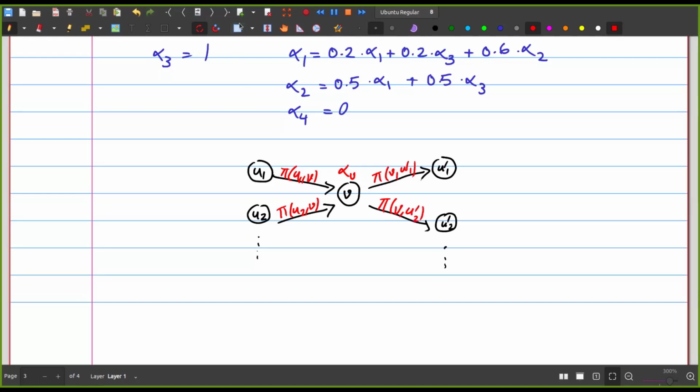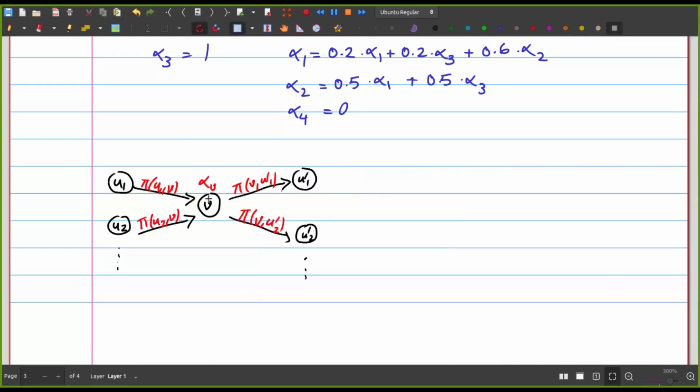Okay. So when I'm removing V, what am I doing? I'm saying that I have this alpha V and I have an equation for it, which is basically this probability times alpha of U prime 1, this probability times alpha of U prime 2, and so on.